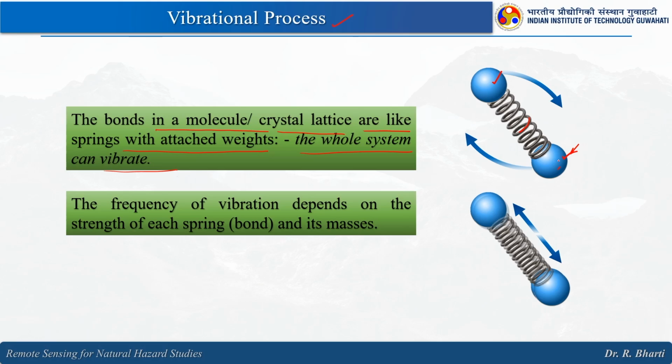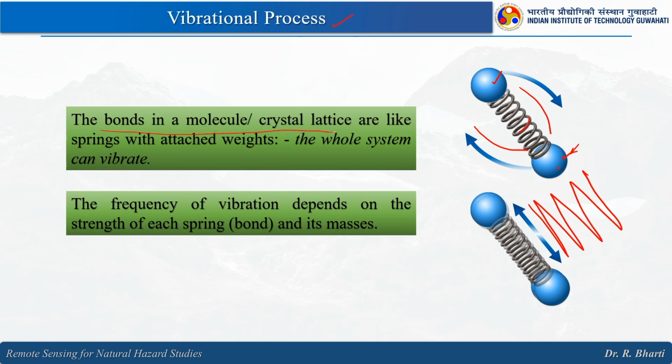They can vibrate in this direction also, or like this, because they are connected with a spring. In the same way, the bonds in a molecule or crystal lattice are like springs with attached weights, where the whole system can vibrate, and the directions can be seen here in this particular figure, right.